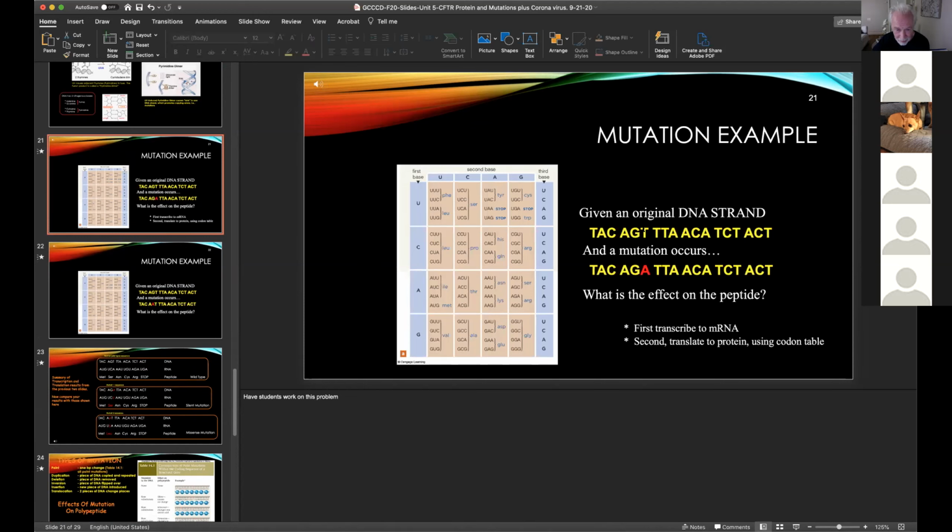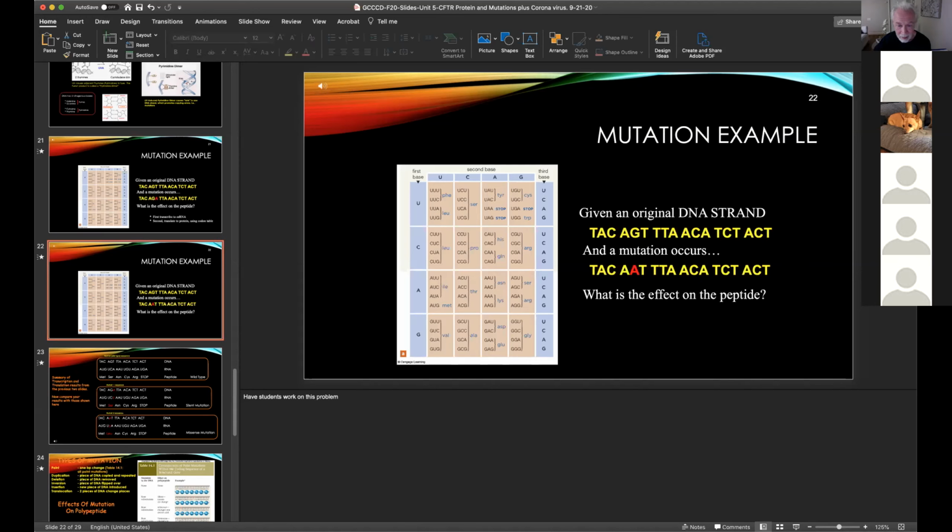The T in the original strand becomes an A. What is the effect on the peptide? Well, first, you need to transcribe the DNA to a message, to mRNA, and then translate to protein. And I would like you to do this when you study this slide set.